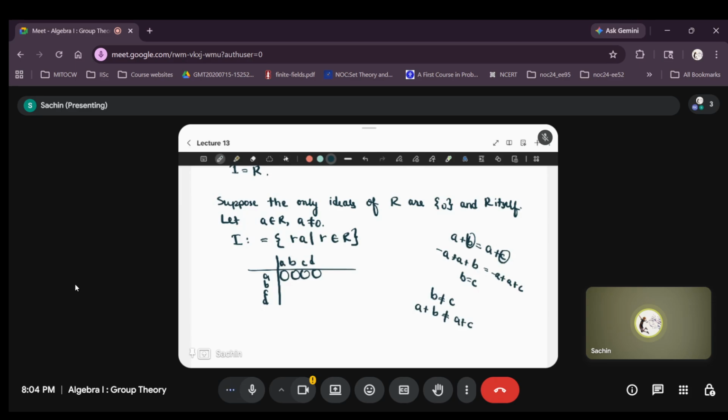Then we saw a property that every element of the group occurs exactly once in the row, and every element of the group occurs exactly once in the column. So what does that actually mean? That means you're adding A to every element of the group A, B, C, D, and you're getting the group back, right?